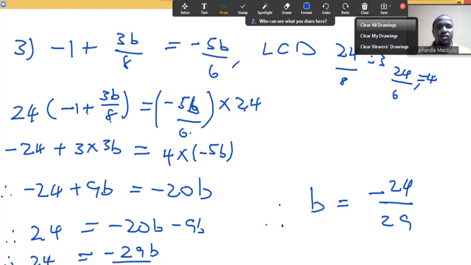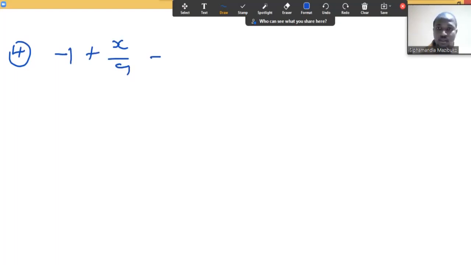Let's try and see if we can do maybe the last one. So this is our example 4, and this will be our last one. In this case we have minus 1 plus x over 9 is equal to 1 minus 2x minus 1 all over 6.